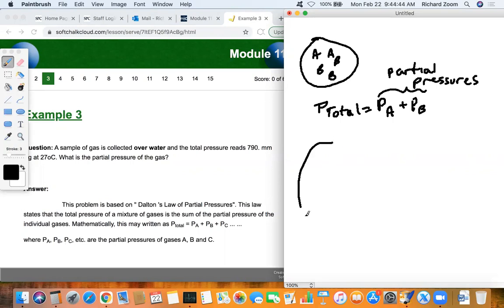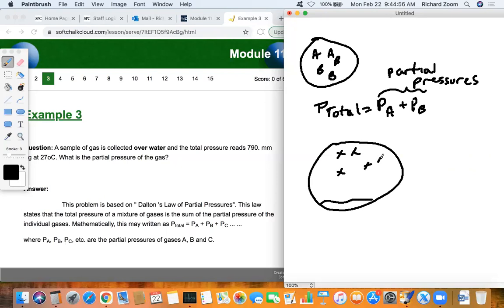And we can apply that further if we've got a situation where we've got water and then some sort of gas floating above that water. Now, what we know about water is that when it's in liquid form, it also has water in vapor form above it.